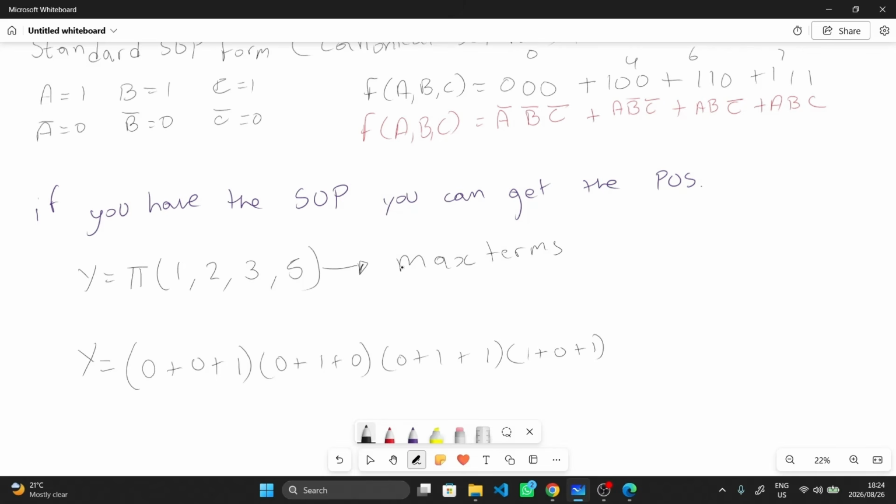Right, and remember in POS we have everything opposite of SOP. So in POS, A is 0, A complement is 1, B is 0, B complement is 1, C is 0, C complement is 1, right?